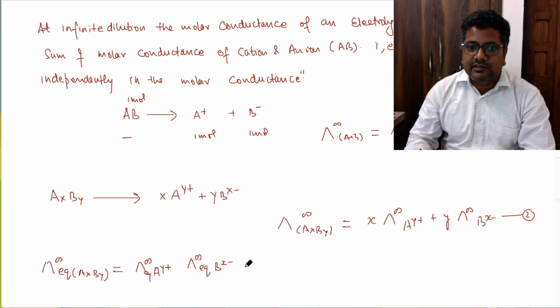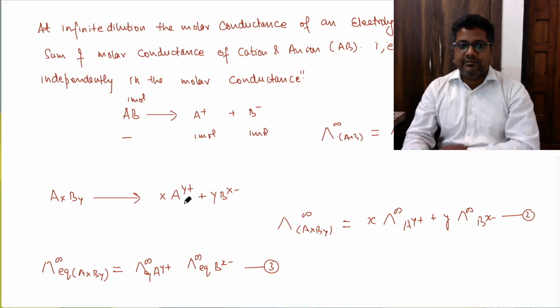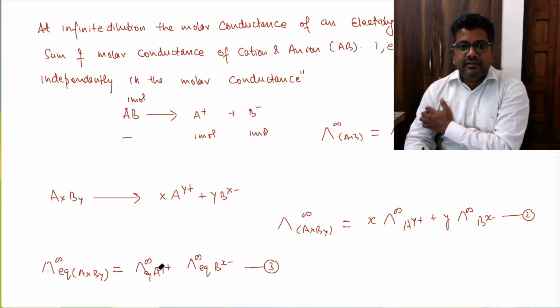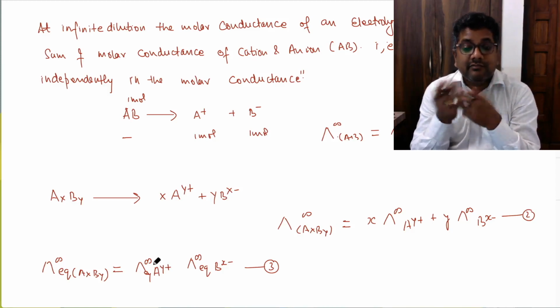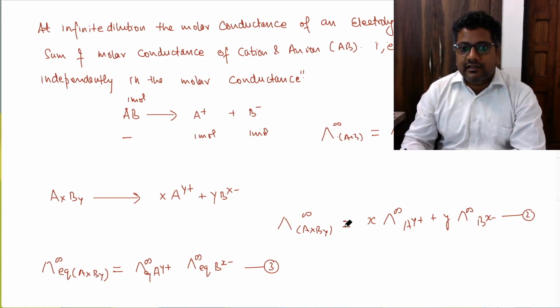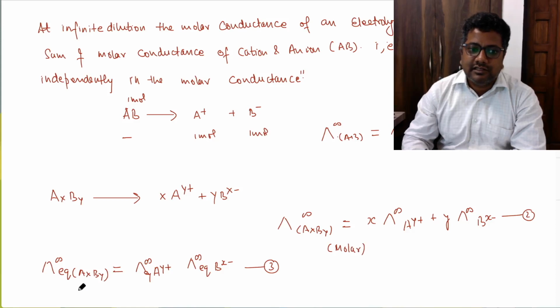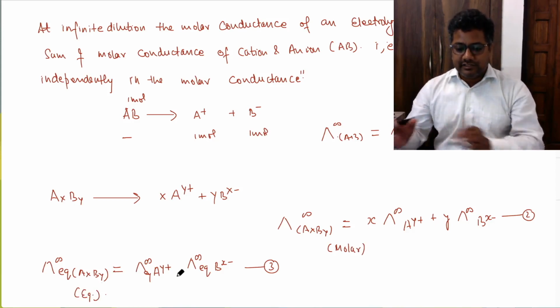This is equation 3. What is the difference between these two? The difference is the coefficient. This balancing is not required when we are using the concept of equivalence and milliequivalence. I have written the equation in terms of both molar and equivalent conductance. IUPAC has scrapped the equivalent conductance terminology, so I suggest you make the formula in terms of molar conductance, but it is easy to do the calculation with equivalent conductance. Whatever you find easy, you can use that.